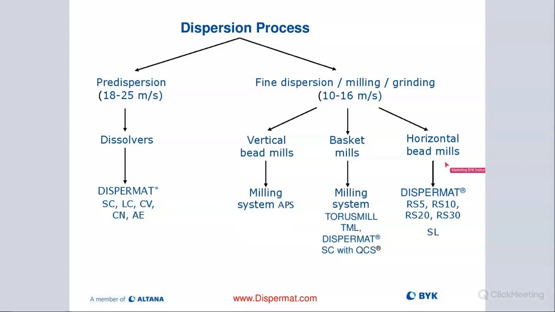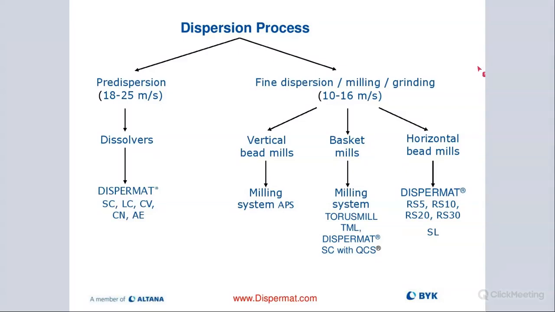So we have the SC line for our production, and LC, CV, CN and AE for our lab scale and pilot scale. And when we talk about fine dispersing, milling, or grinding, our tip speed will be lower, 10 to 16 meters per second of our milling disc or rotor. And there we have a variety of different instruments.